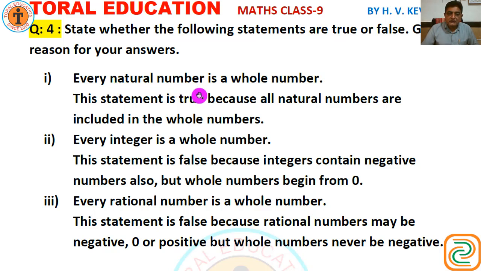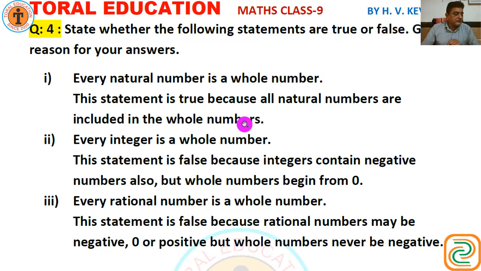This statement is true because all natural numbers are included in the whole numbers. Whole numbers begin from 0 and natural numbers begin from 1. So 0, 1, 2, 3 up to infinite, and 1, 2, 3 up to infinite. All natural numbers are whole numbers.